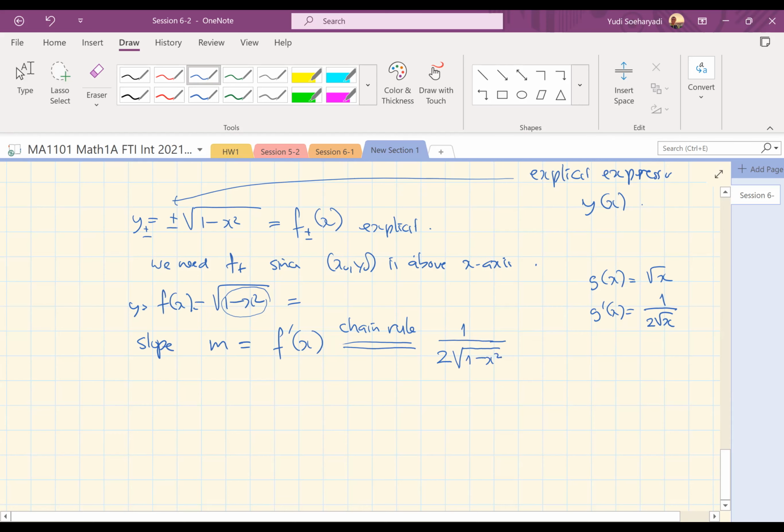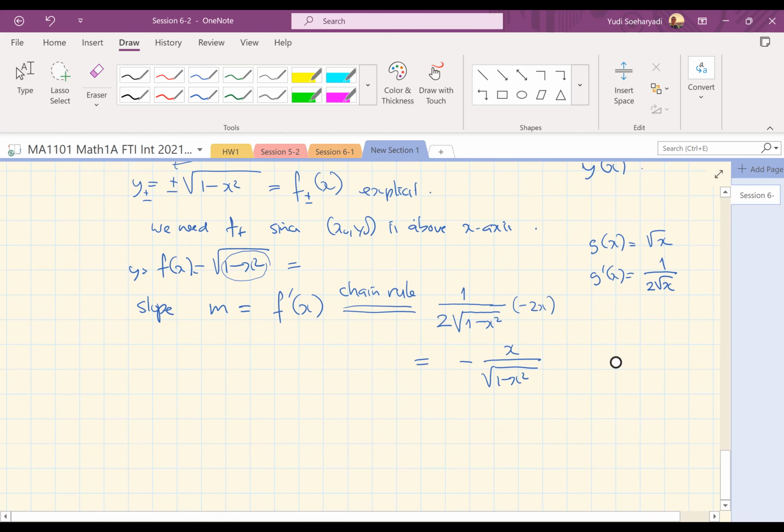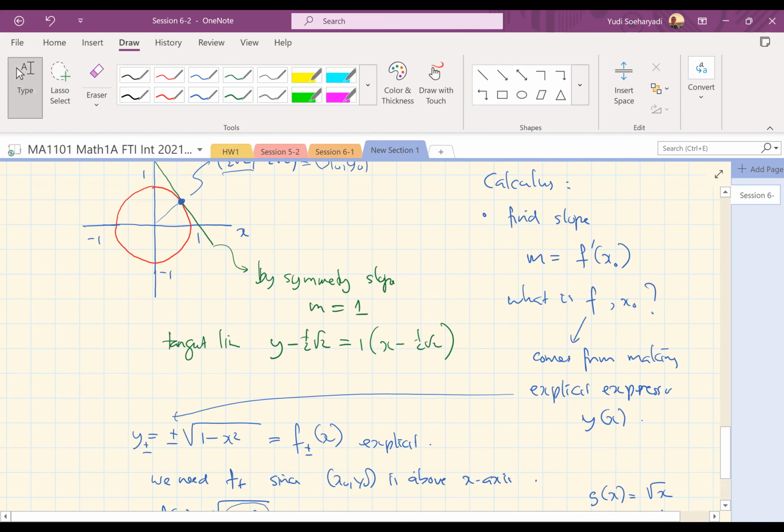Okay. But then you have to multiply by the derivative of what's inside. So inside you have 1 minus x squared. So you have the derivative minus 2x. So cancel the 2. Oh, sorry.